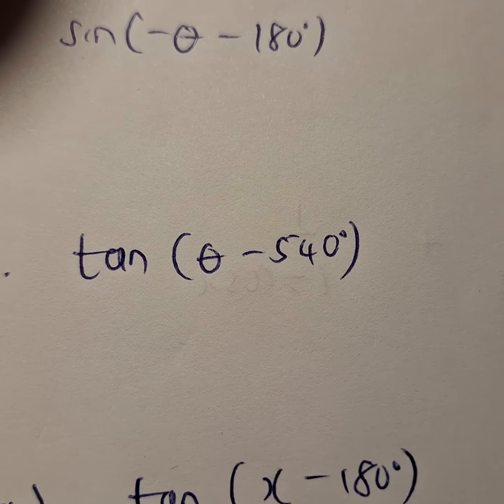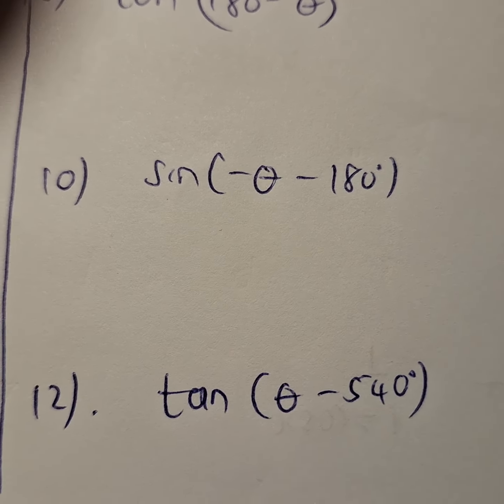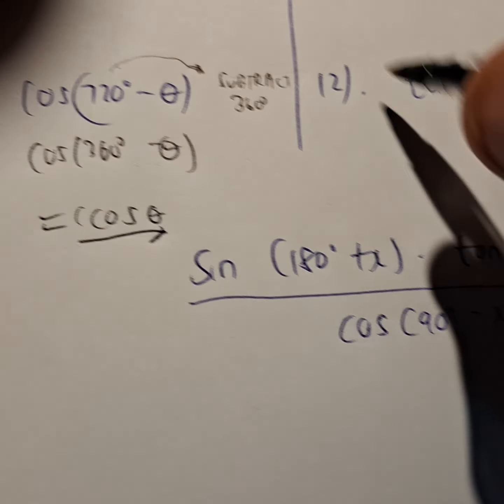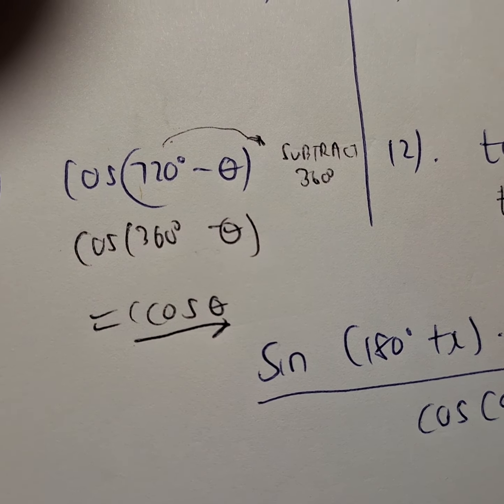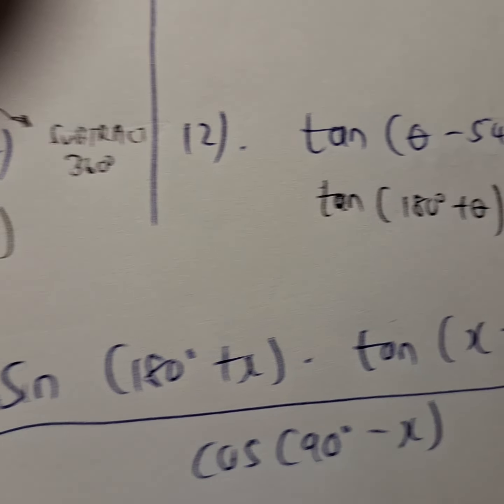If we add 360 once again, we get positive 180. So now we added 360 two times, we get positive 180 plus theta.